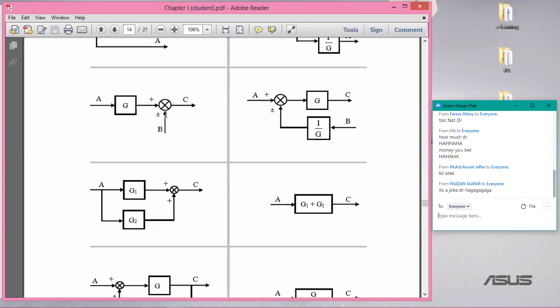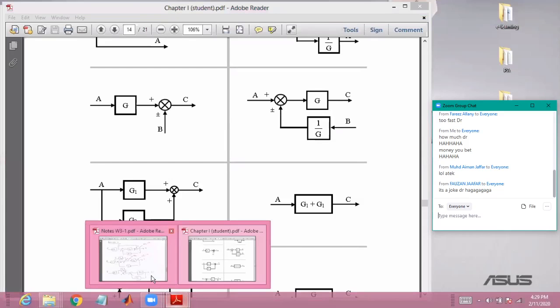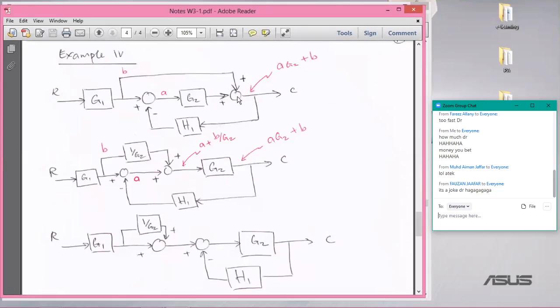See, you can move this summing junction from in front of the block to behind of the block. So we are going to use that. Okay, so we are moving that summing junction from in front of the block to behind of the block like that. Okay, now you see here, these are two summing junctions. You can interchange two summing junctions.